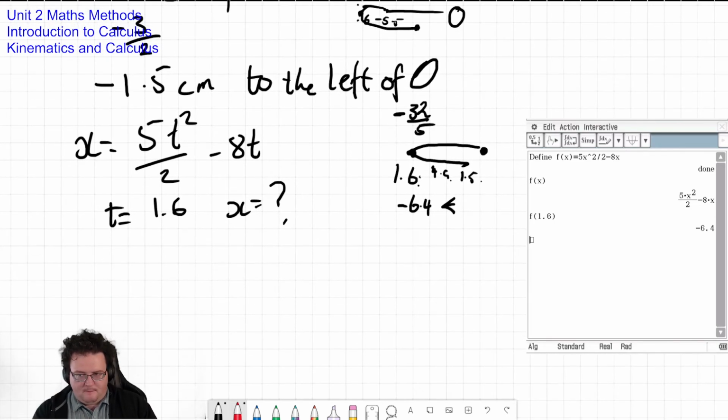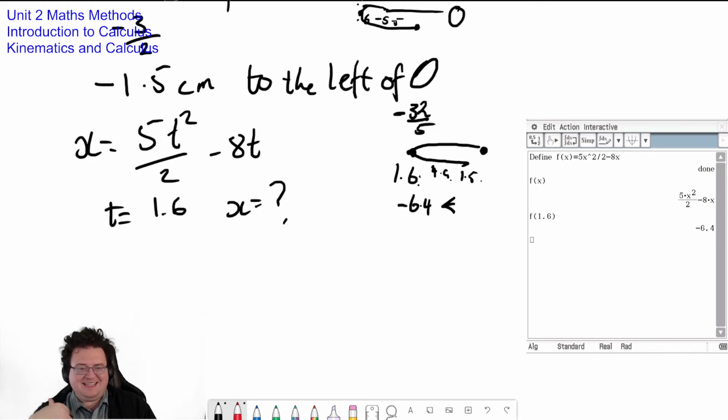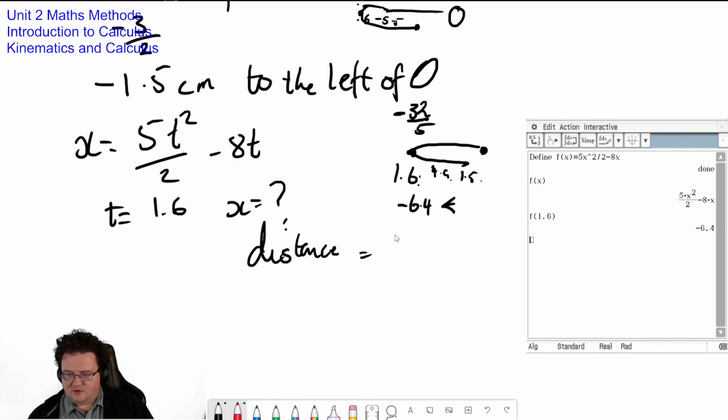So the distance that it traveled is all of this. It went from here all the way to here and then back again. So the distance is equal to 6.4 centimeters plus 4.9, which is 11.3 centimeters.